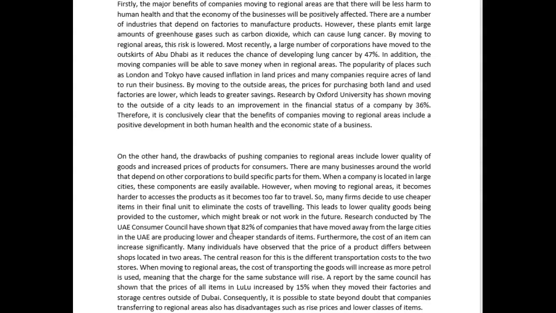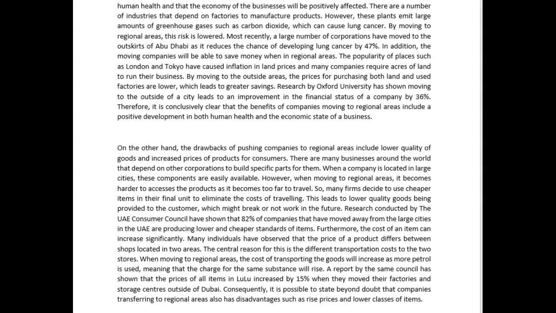The central reason for this is the different transportation costs between the 2 stores. When moving to regional areas, the cost of transporting the goods will increase as more petrol is used, meaning that the price for the same substance will rise. A report by the same council has shown that the prices of all items in Lulu increased by 50% when they moved their factories and storage centers outside of Dubai.